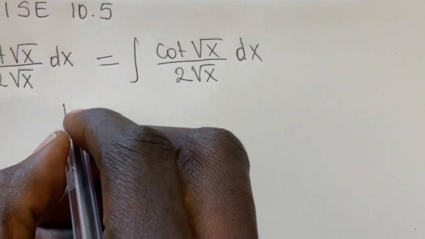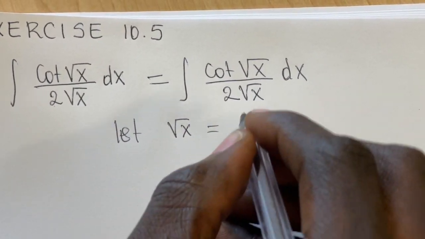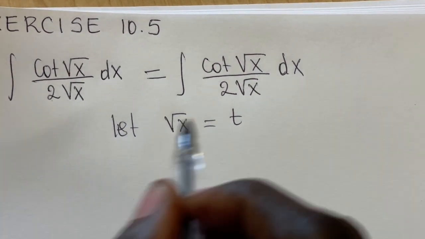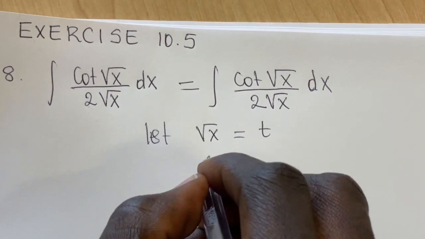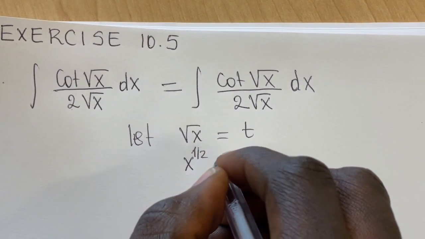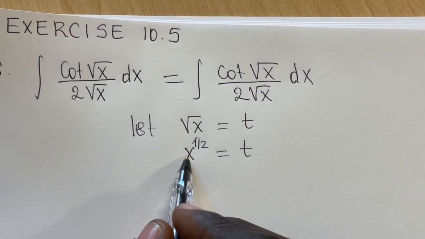And then I'll say, let square root of x be t. Why t? I chose t, but you can put your own name. So now what is this? We can also write 1 over 2 times square root of x. Now what is the derivative of this with respect to x?